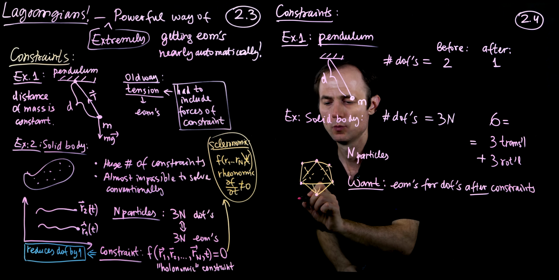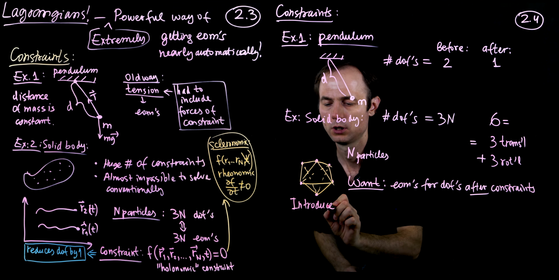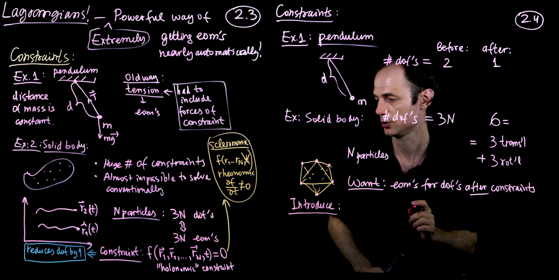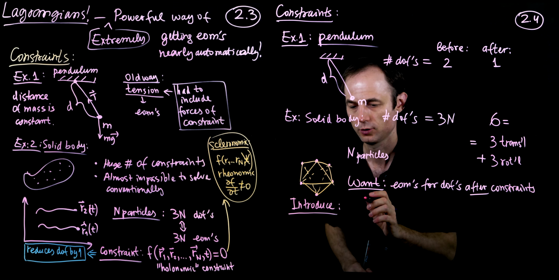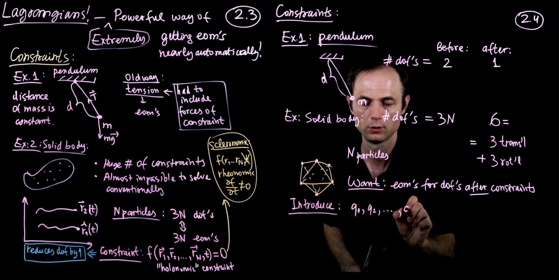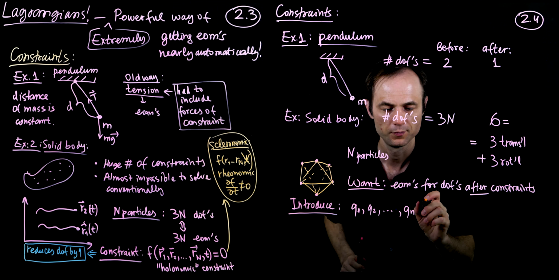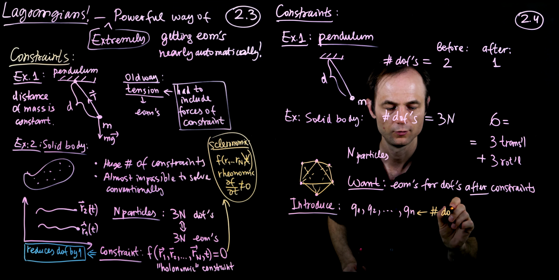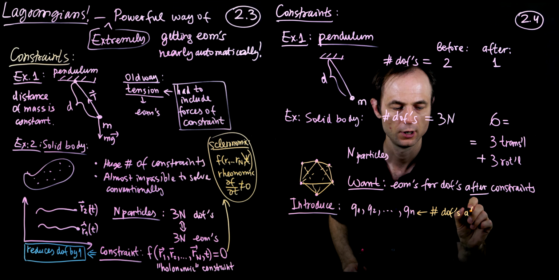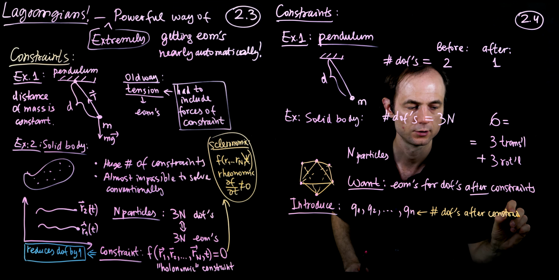So how would we go about doing that? Well, we will introduce generalized coordinates q1, q2, ..., qn. And here, n is the number of degrees of freedom after constraints.